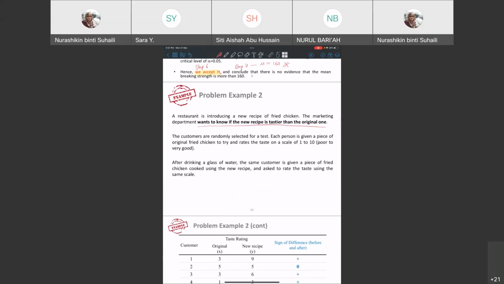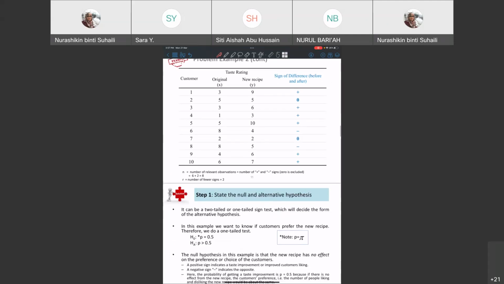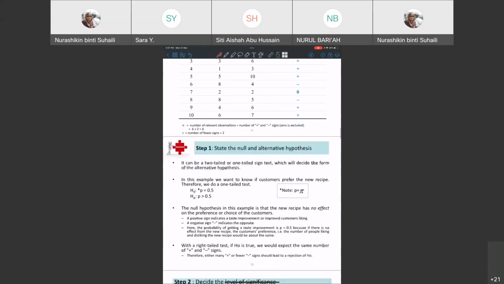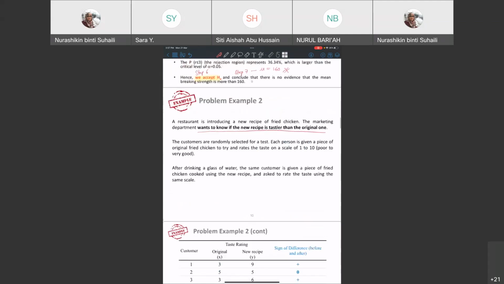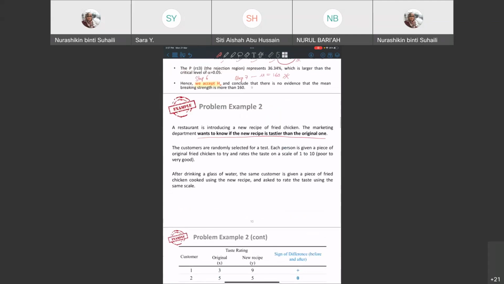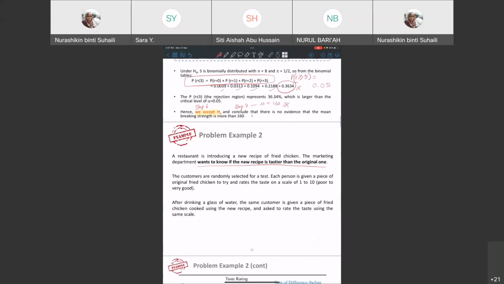First, we have to set the hypothesis, and then the alpha. Is it given here? Alpha is not given. Okay, so this is an example of a question that doesn't have the alpha value given, so you have to define it by yourself. The level of significance, you define by yourself.